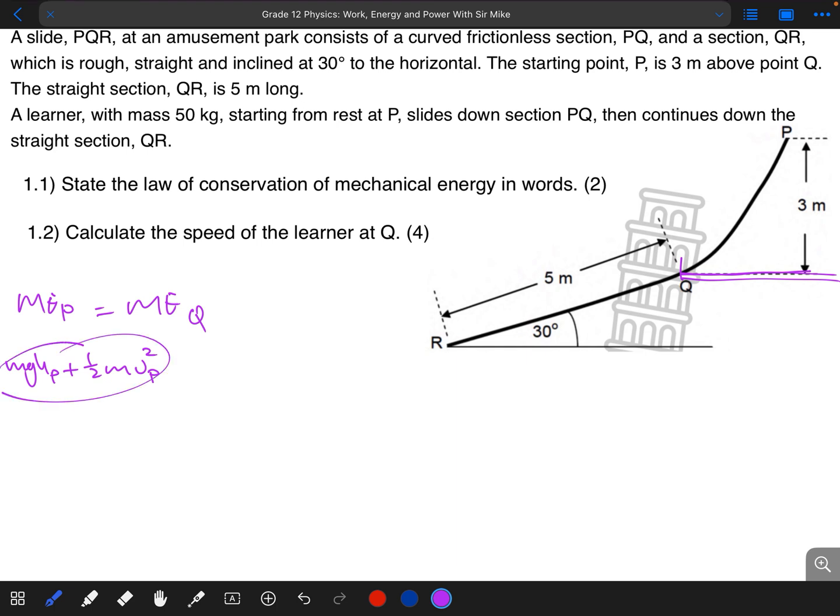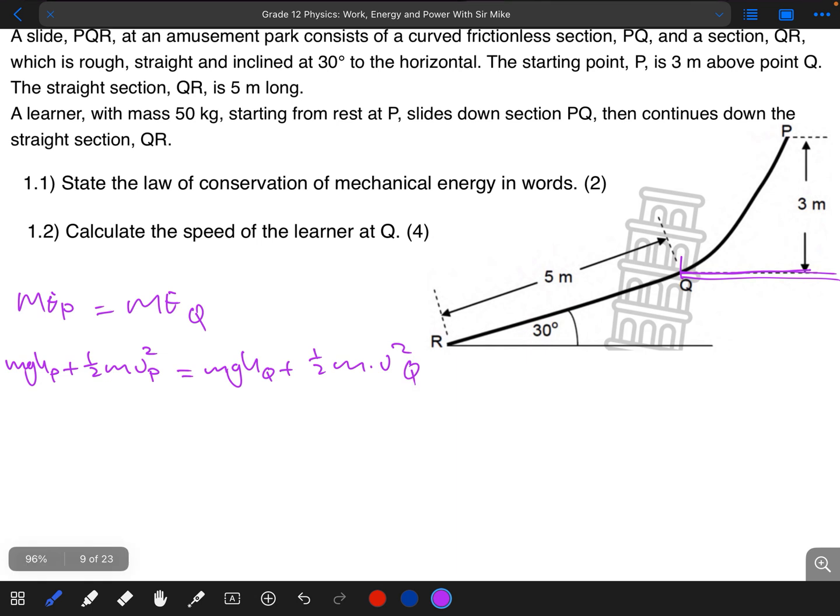This is equal to the mechanical energy of the object at point Q, so mass multiplied by the gravitational acceleration at point Q plus a half multiplied by the mass multiplied by the speed squared at point Q.